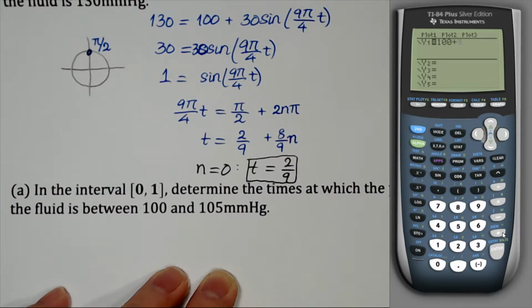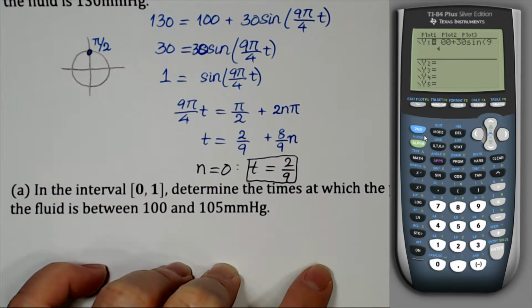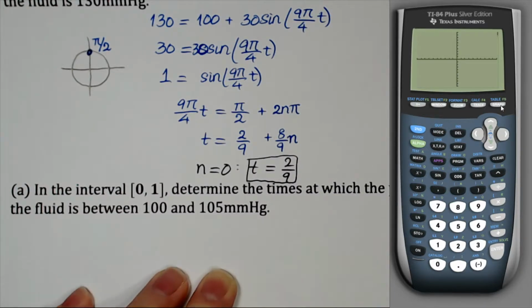Sorry, it's difficult to use a calculator with a mouse. Sine of 9 pi, let's put x instead of t, divided by 4. Right, and we hit graph.